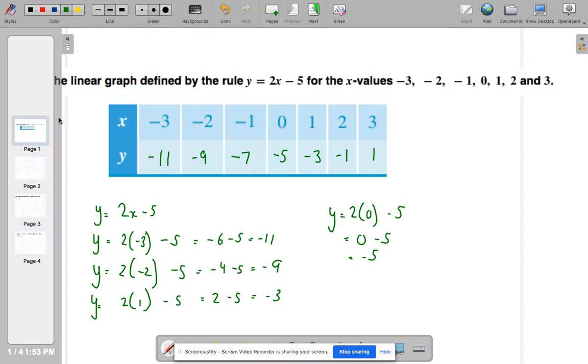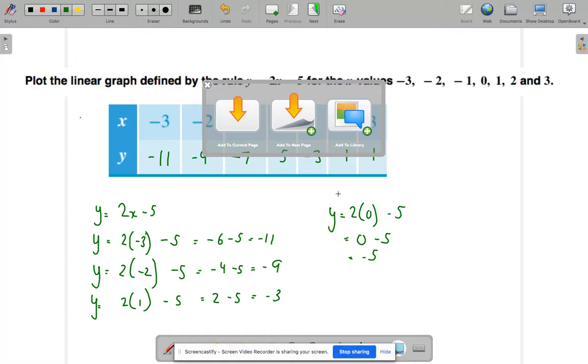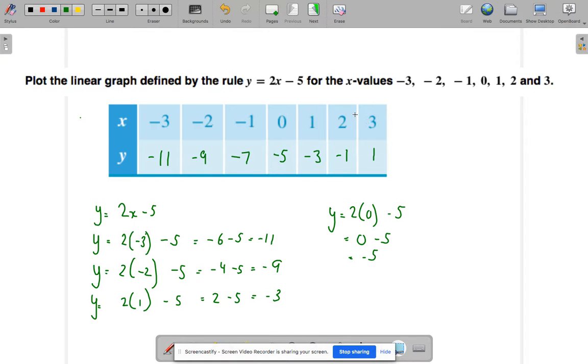All right, let's plot a graph for that now. Let me just see if I can cut this over here. Okay, and I'll just add that to my library. Go to the next page.